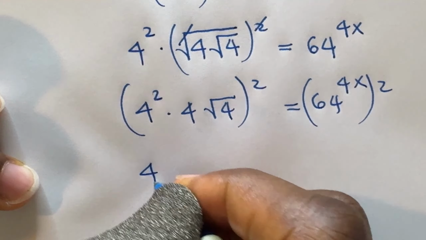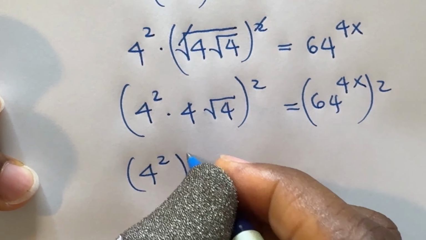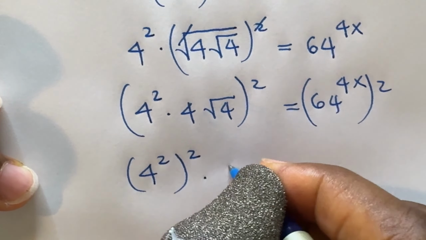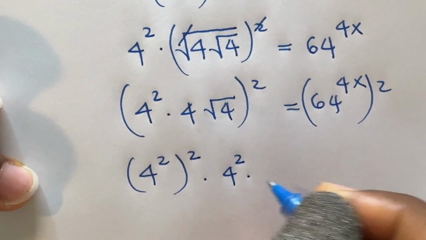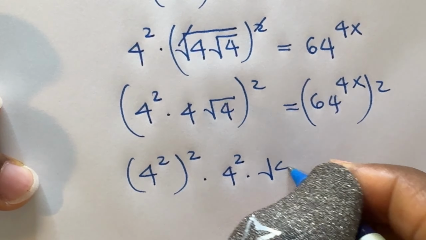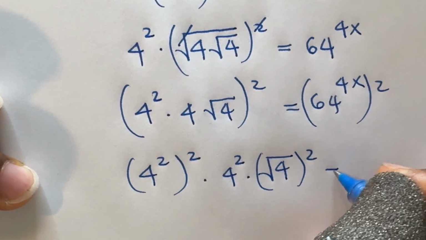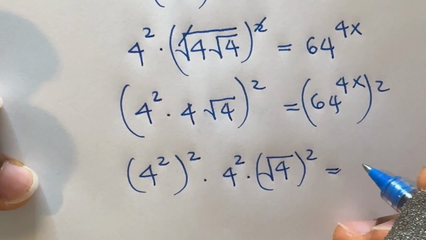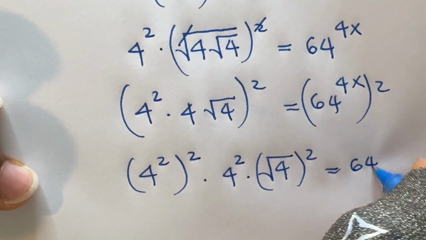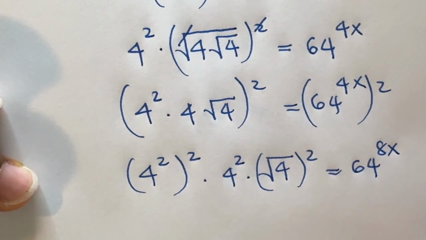This is 4 raised to power 2, then raised to power 2, times 4 raised to power 2, then times the square root of 4 raised to power 2 is equal to, I'll open up this bracket again to give me 64 raised to power 8x.